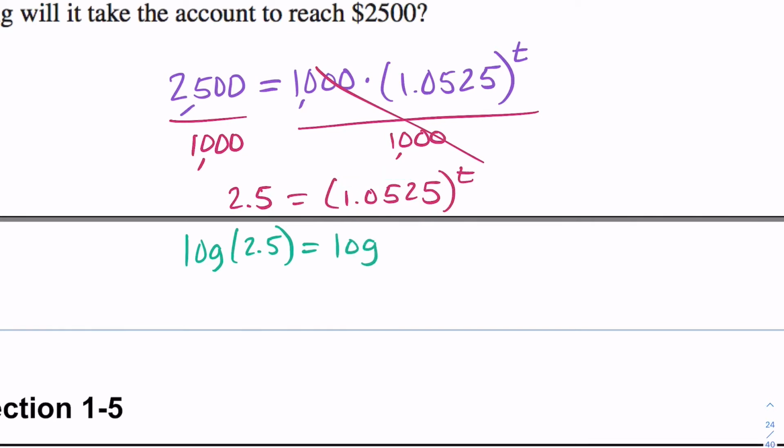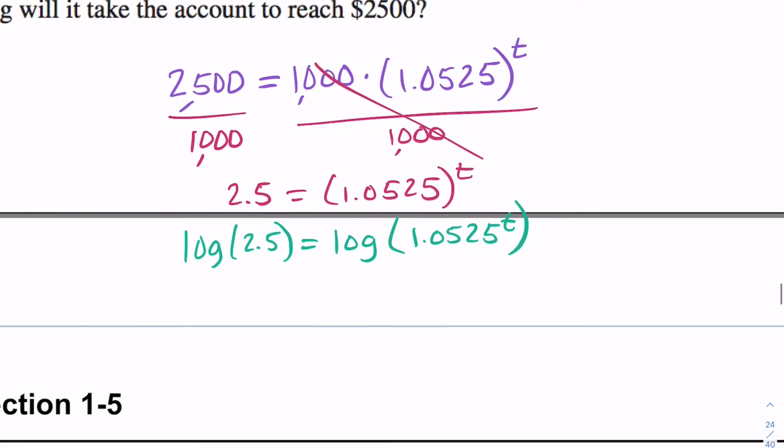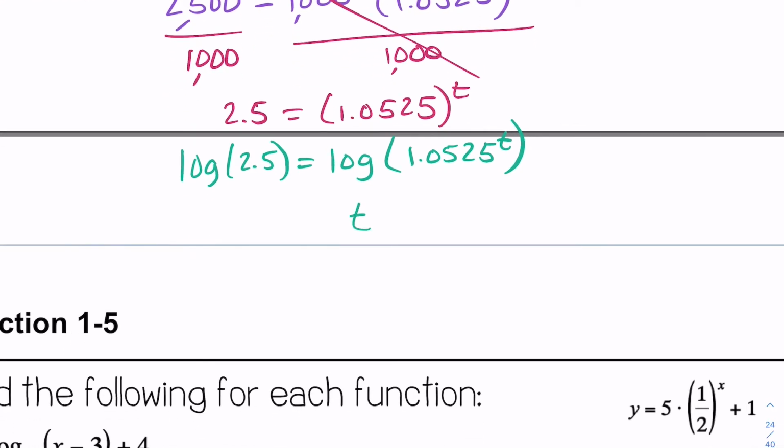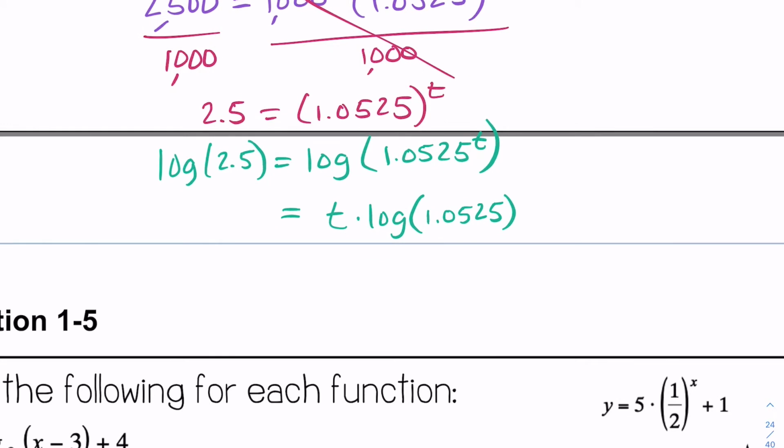So I'm going to log 1.0525 to the t. The t will drop down, and I have log of 1.0525 on this side, and I have log of 2.5 on this side.